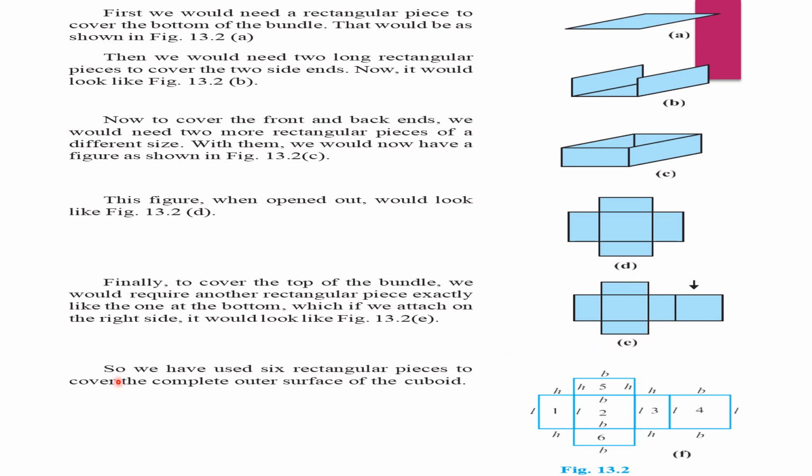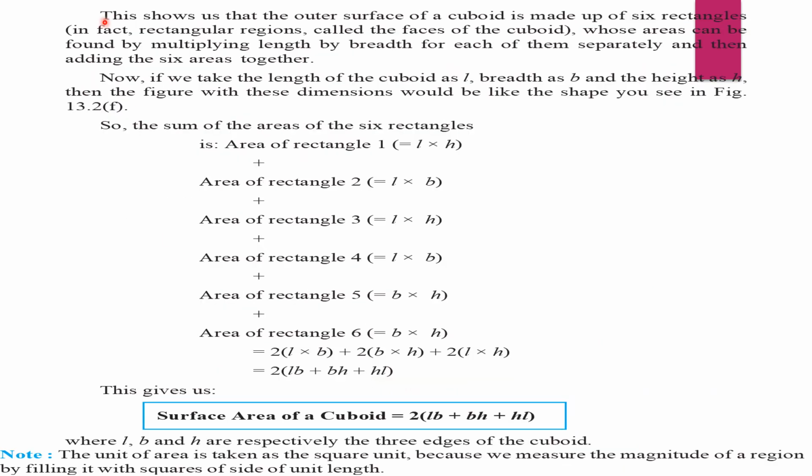Okay, my children. So we have used 6 rectangular pieces. How many rectangular pieces were used to cover that cuboid? Yes, 6 rectangular pieces to cover the complete outer surface of the cuboid. This shows us that the outer surface of a cuboid is made up of 6 rectangles, in fact rectangular regions called the faces of the cuboid.